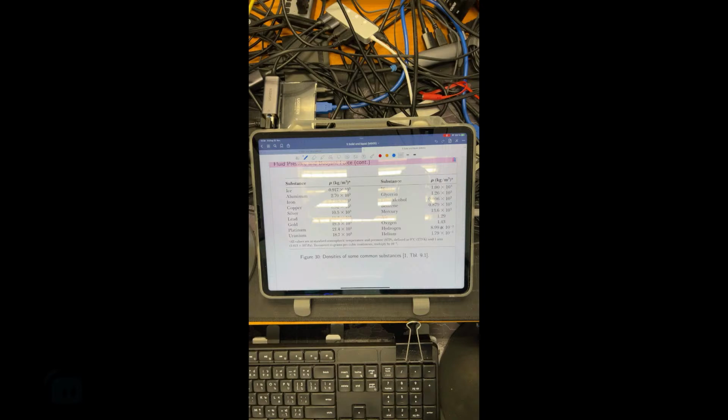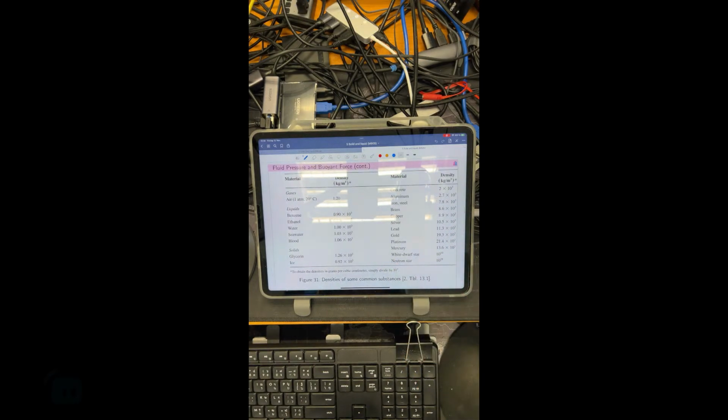Hydrogen is even less than 1, only 0.0899, or approximately 0.1 kilogram per cubic meter. And helium is heavier, almost 0.2 kilogram per cubic meter.